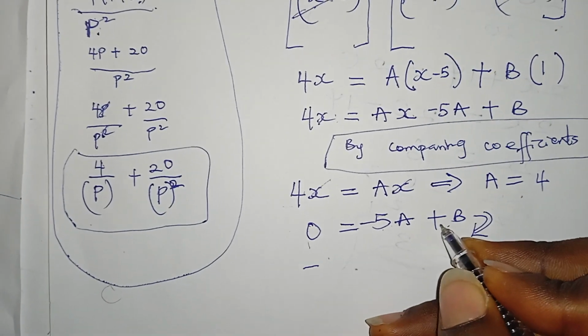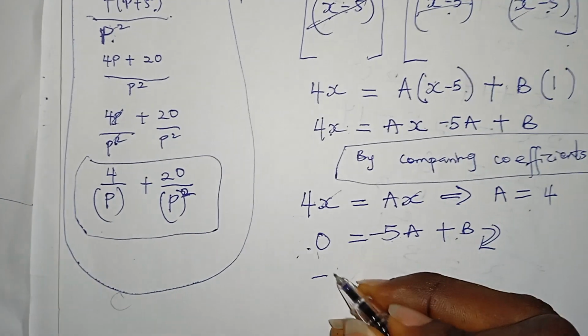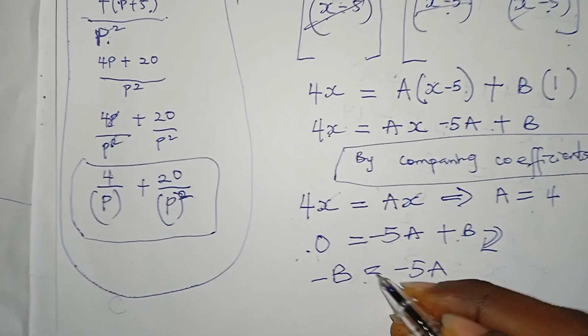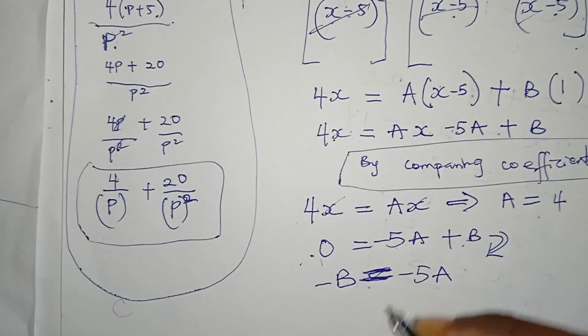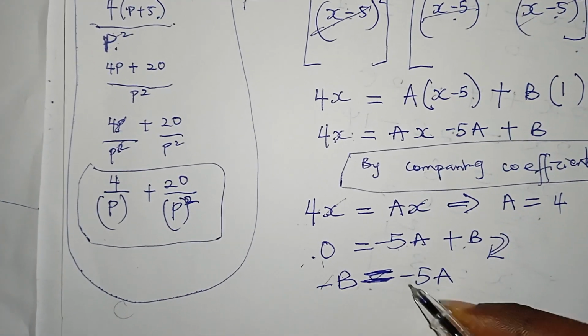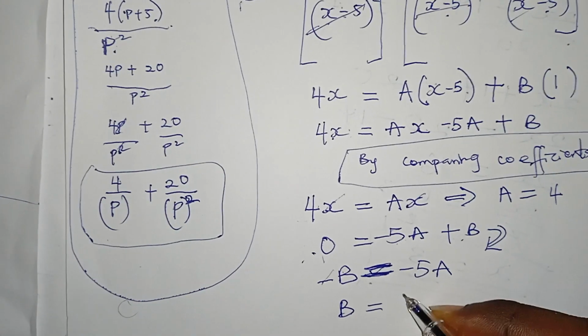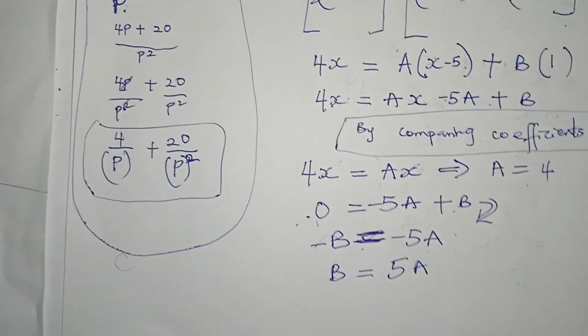Let's say b is coming to this side. This will be minus b equals minus 5a, so that this minus and minus will cancel out. You divide both sides by minus 1, so that b is equal to 5a.